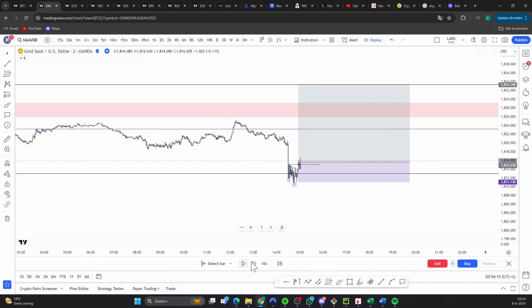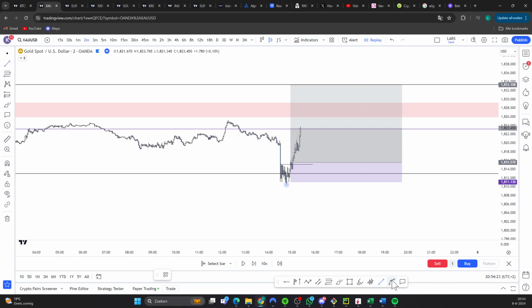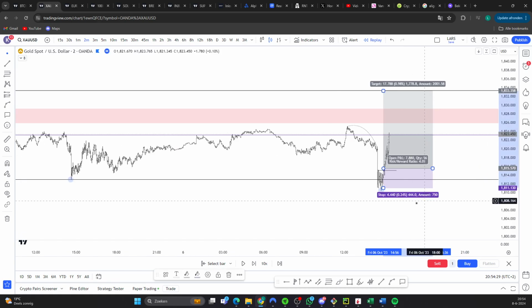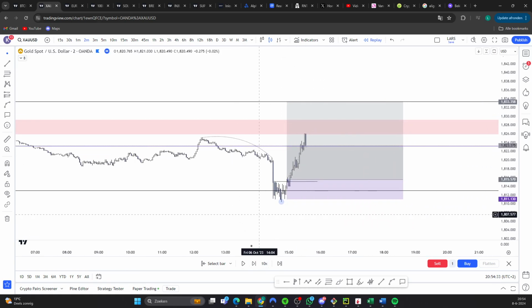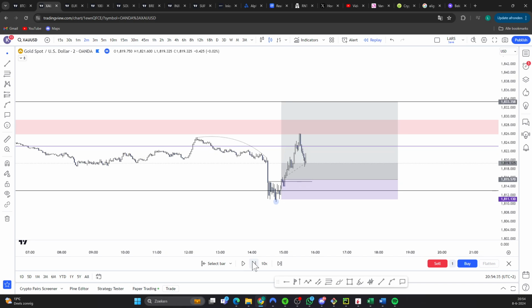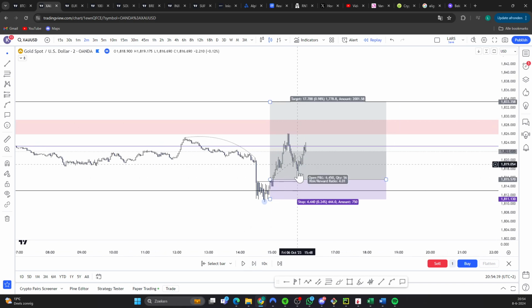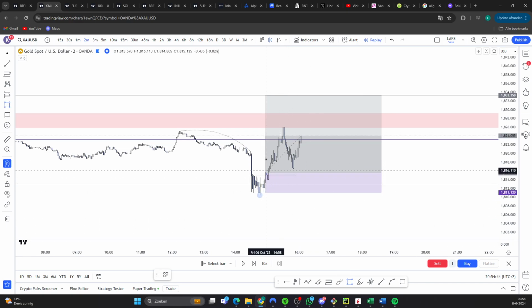2% risk. This should be easy to sweep liquidity. Get the rejection from the only resistance that's there. Almost tap this demand.